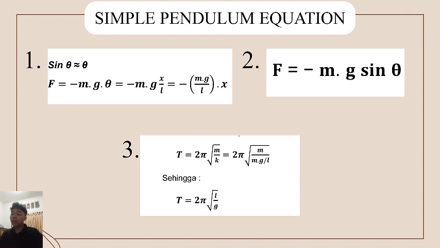These are the simple pendulum equations. There are 3 equations you can use for simple pendulum. Number 1 is the equation of motion or restoring force for a simple pendulum in simple harmonic motion. There is F, and F is the restoring force acting on the pendulum bob. M is the mass of the pendulum bob in kilograms.